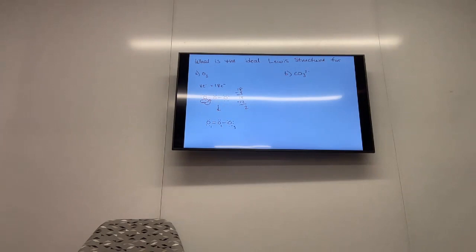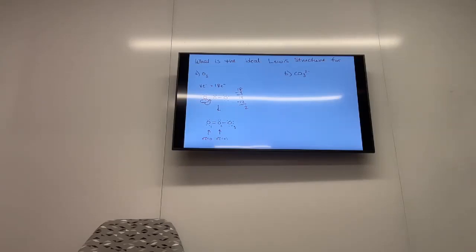Okay. What would be our formal charge of our oxygen 1? It would be 0. What about that formal charge of oxygen 2? Positive 1.